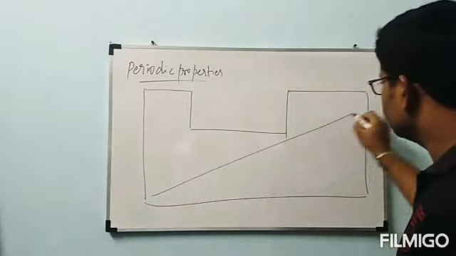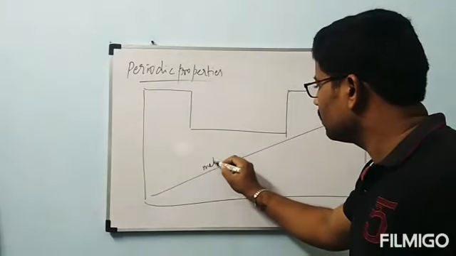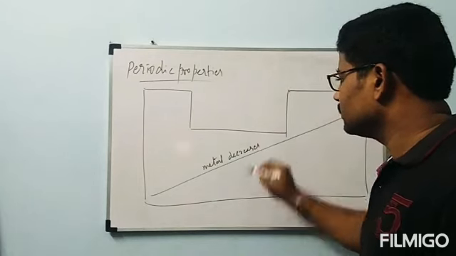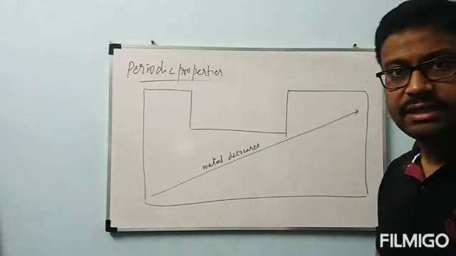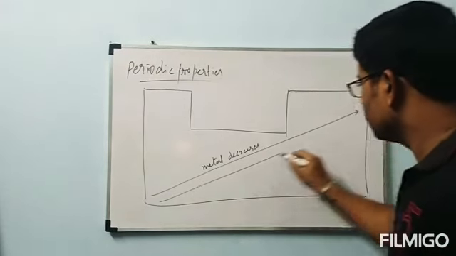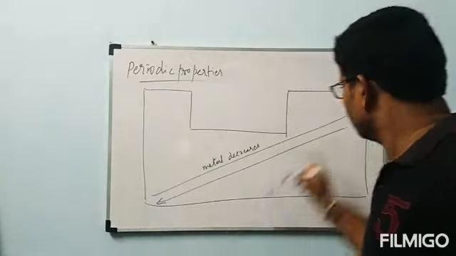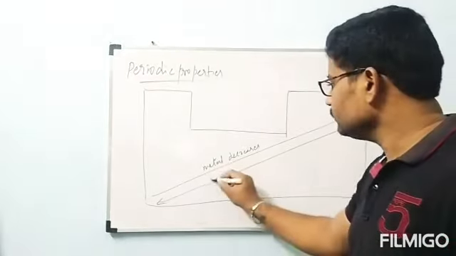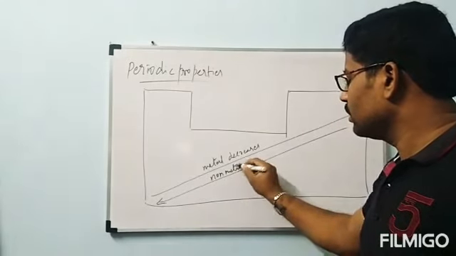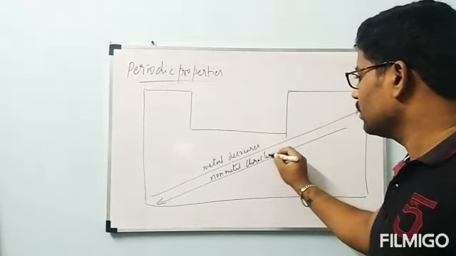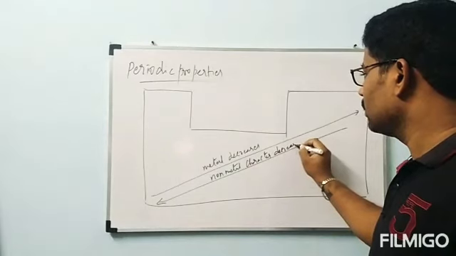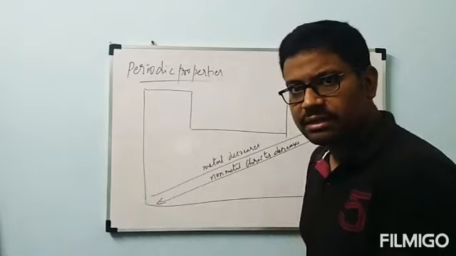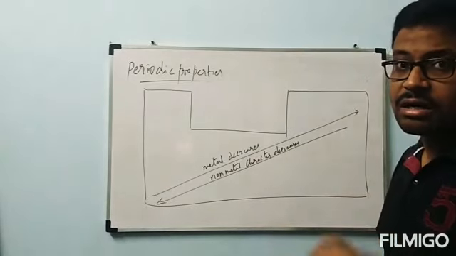In this direction metallic character decreases, and in this direction non-metal character decreases. Simple. Here, cesium is a strong metal. Here, fluorine is a strong non-metal.